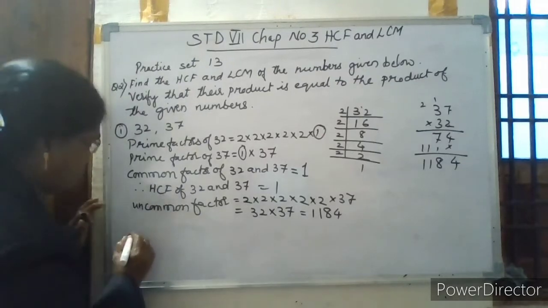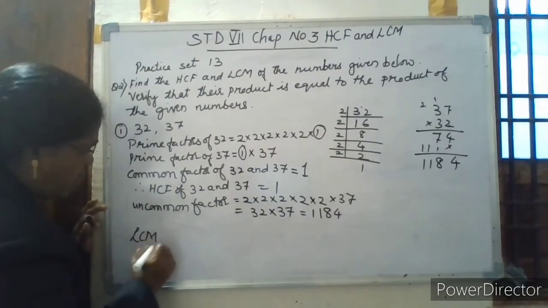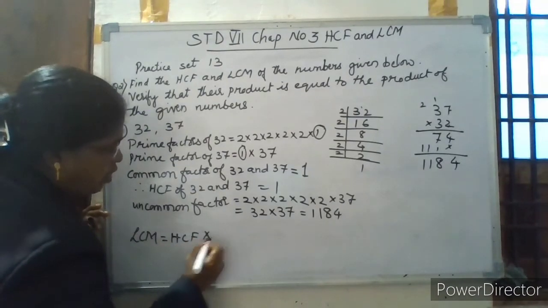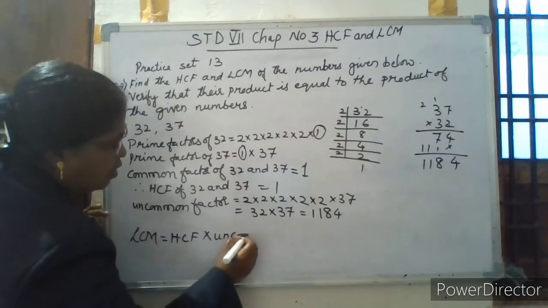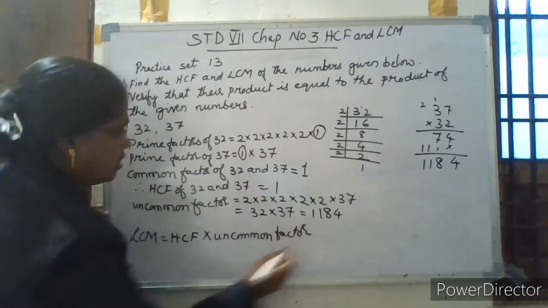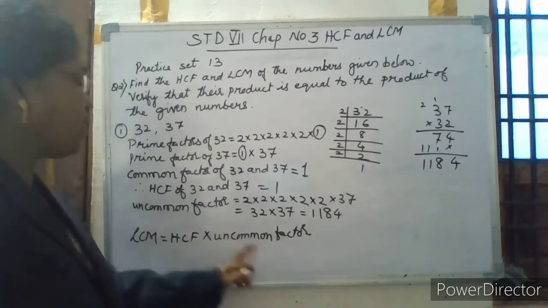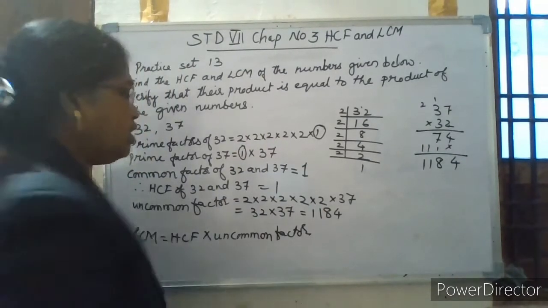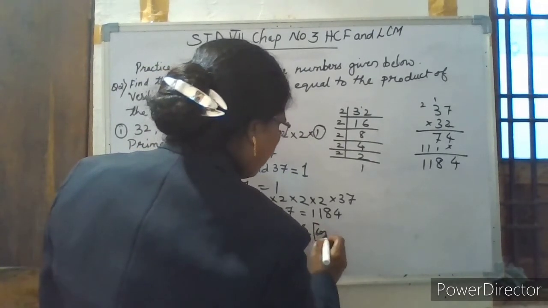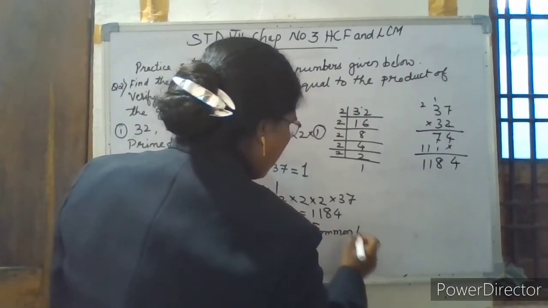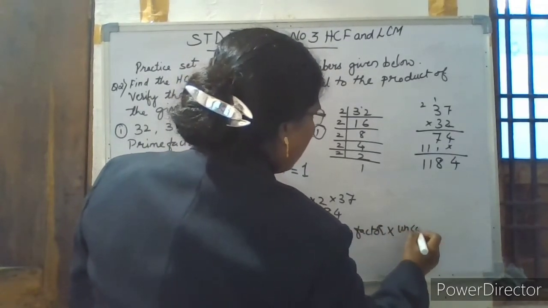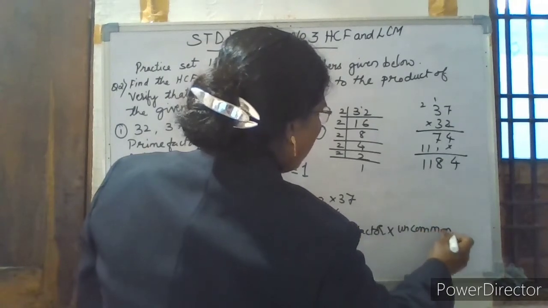So LCM is equal to HCF into uncommon factor, or I can write it as common factor into uncommon factor.